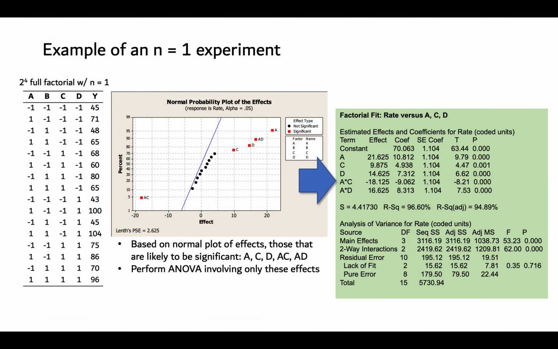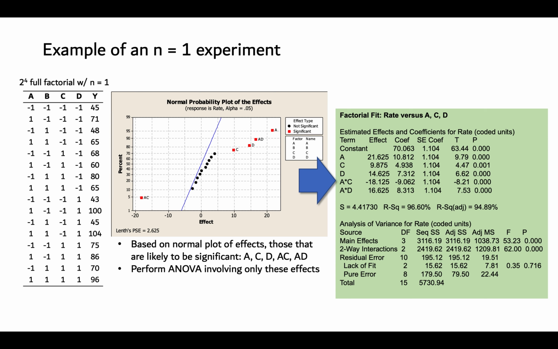This is an example of the full factorial experiment without replication. First, we do data analysis as usual based on the data here, and then we can have either Pareto, normal, or half normal plots.